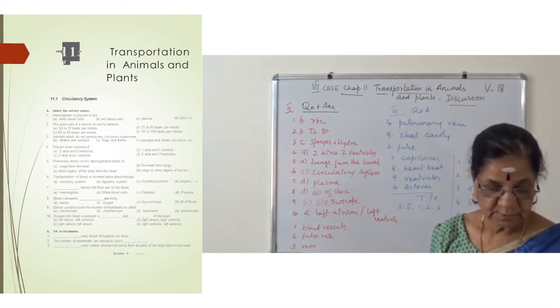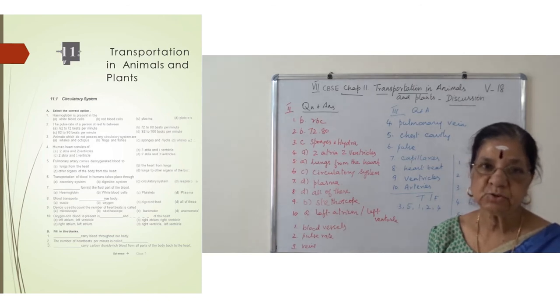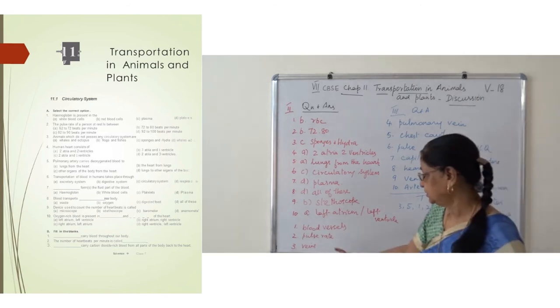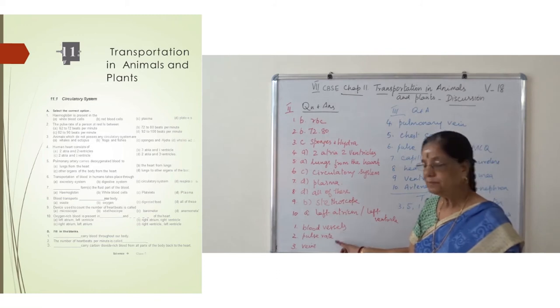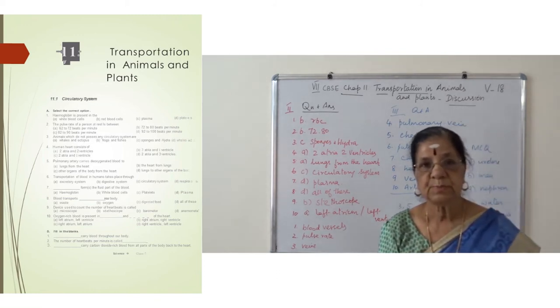Then the last one, veins carry carbon dioxide rich blood from all parts of the body back to the heart. The last three fill-ups are blood vessels, pulse rate and veins. I hope you understand.